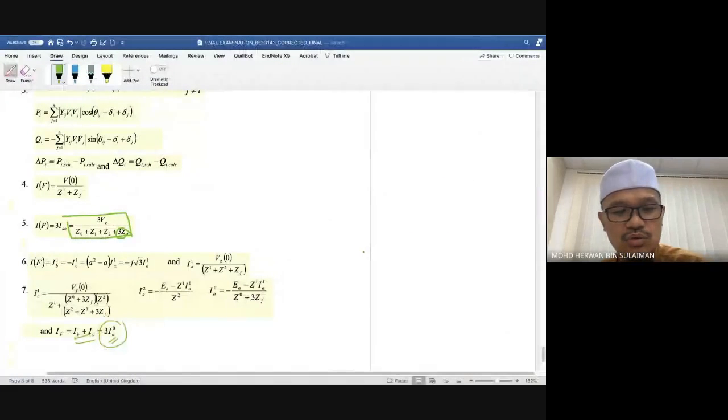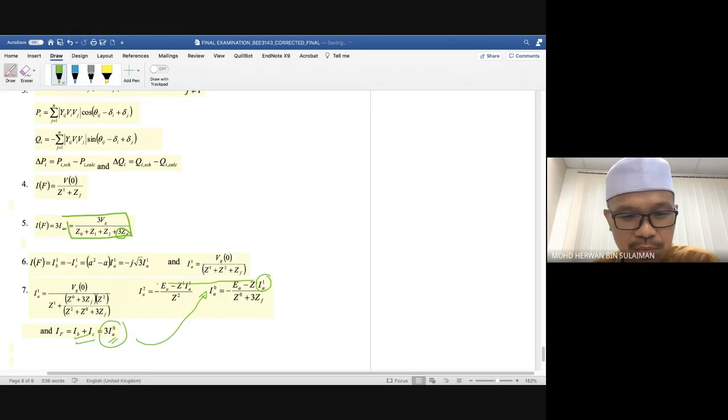You cari IA kosong. Untuk cari IA kosong, you kena cari IA1. Untuk cari IA1, you boleh pakai yang ni. Okay, so flow dia ialah you find your IA1 mana EA divide by Z1. Kalau diberi ZF, ada ZF lah, darab 3 lah.